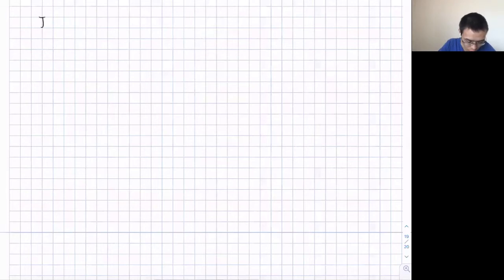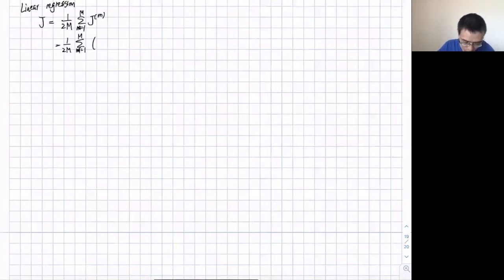So the loss for the linear regression problem is the average of all sample losses, where for each sample, it is indeed your prediction, which is W transpose Xm, minus your target Tm.